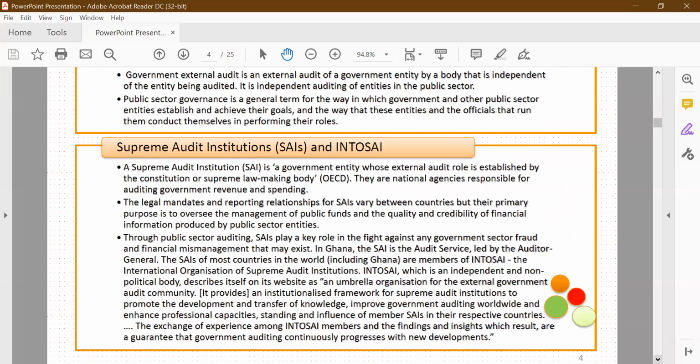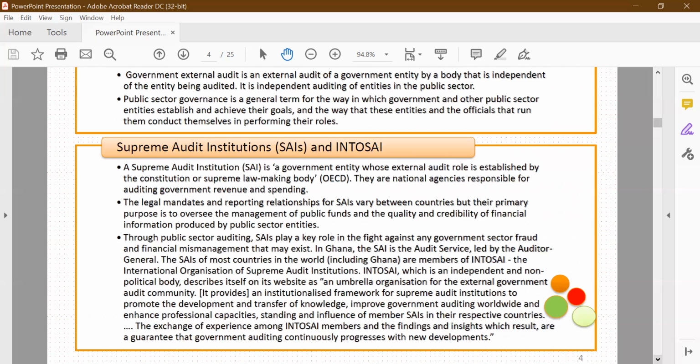It's to oversee the management of public funds. How are public funds being used? What is the quality and credibility of the financial information that's produced by these public sector entities? Someone must oversee that, and it's a Supreme Audit Institution that does that.